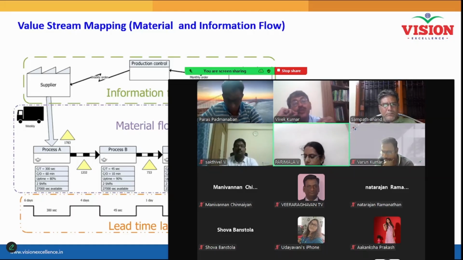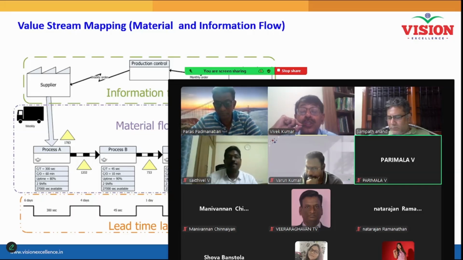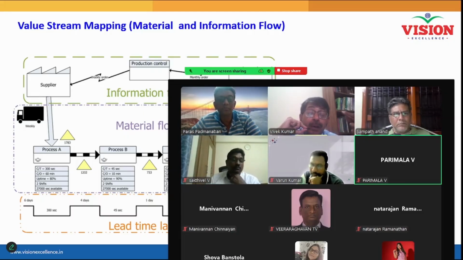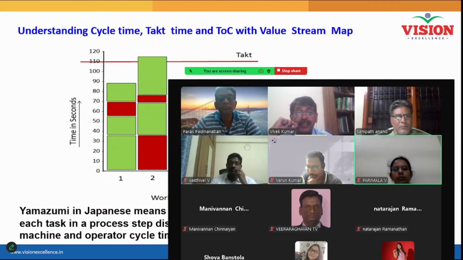So it tells you let us reduce the breakdown time. It will also tell us let us reduce the changeover time. It will also tell us let us reduce the setup time. Right? If you are able to find those breakups in this, can you see this?